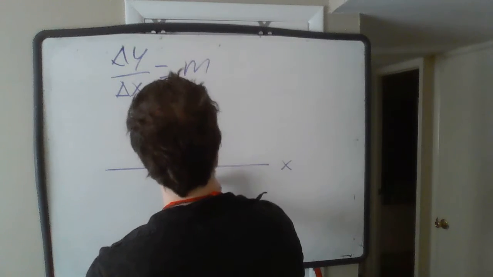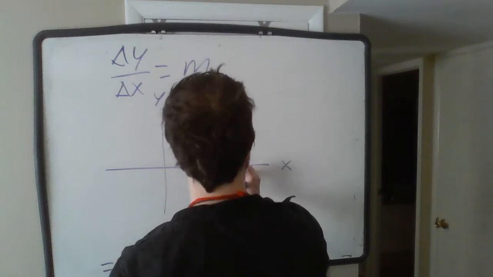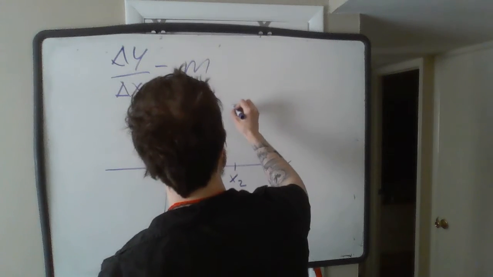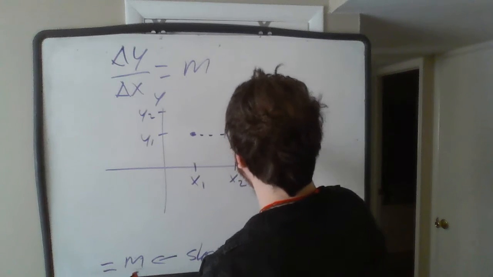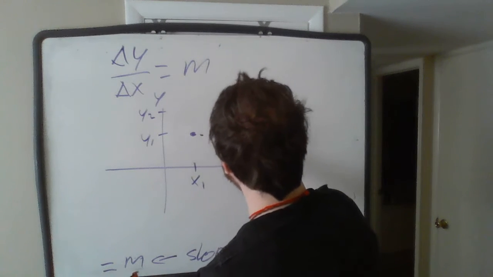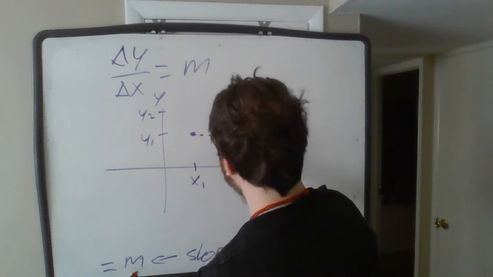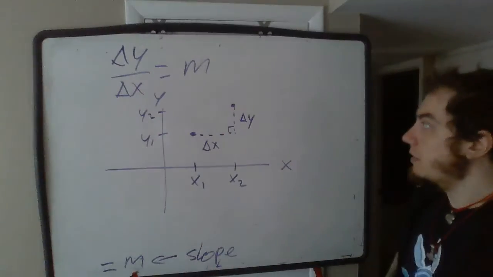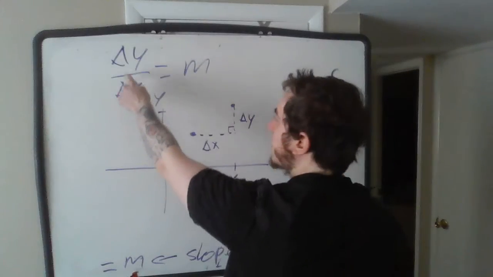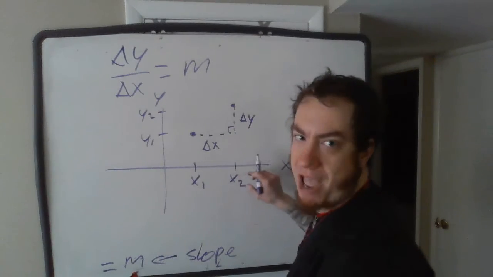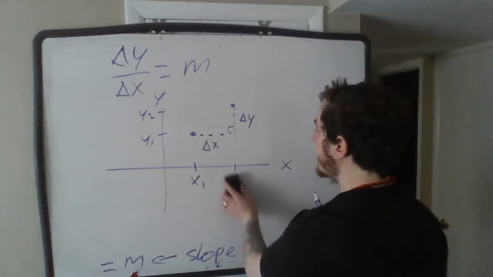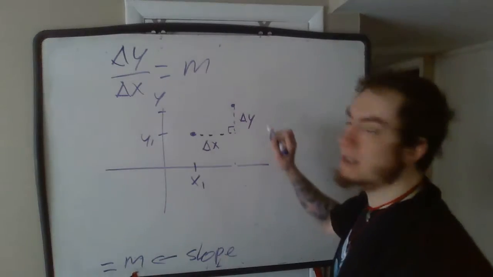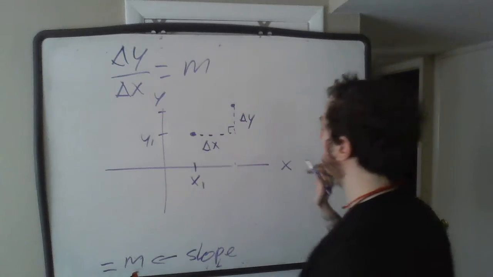It means that if I move from x1 to x2 over here, like this, it is going to give me this kind of right triangle with a base of delta x and a height of delta y. Now, because this ratio is always the same, it doesn't matter where I put my x2. I can move this second point around, and the ratios of these sides of this triangle are always going to have to be the same.